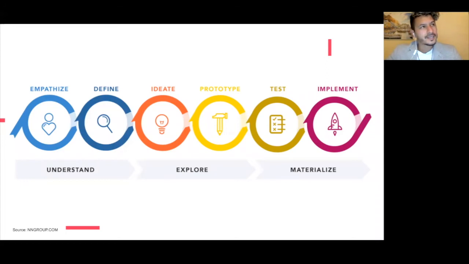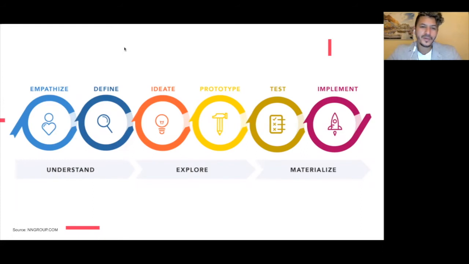But this is, I would say, the most common one, and the one that you will find much more information online. Okay, so there are different phases. The first one is called the Empathize phase. It is where you get to know your customers, interact with potential customers, and try to understand their needs.